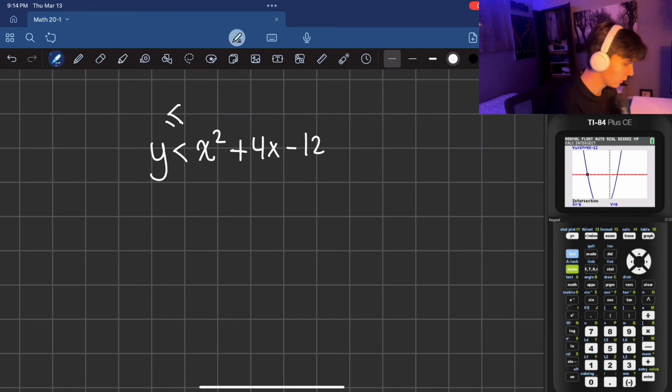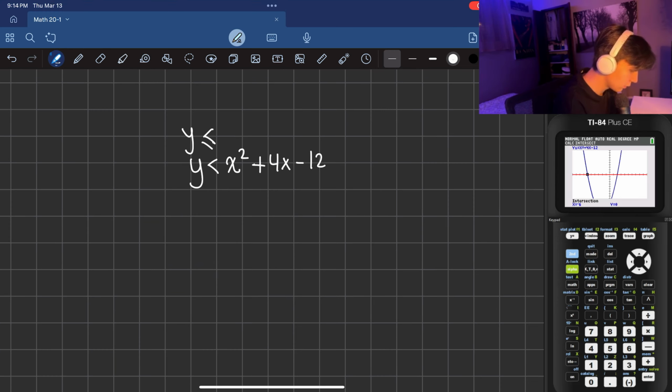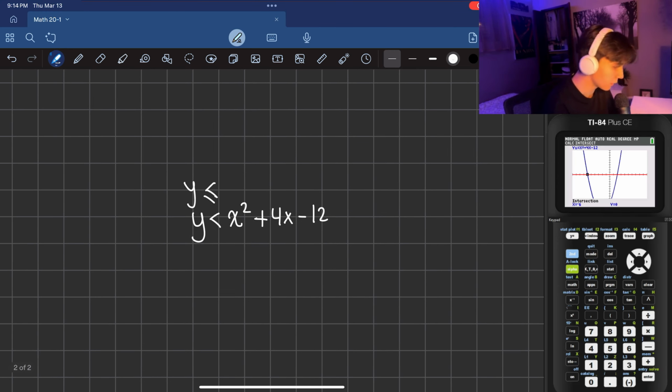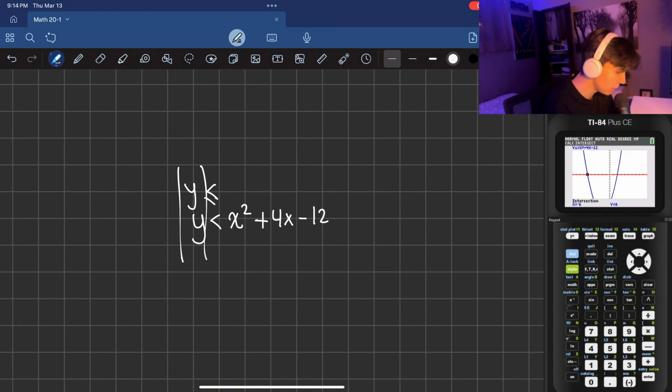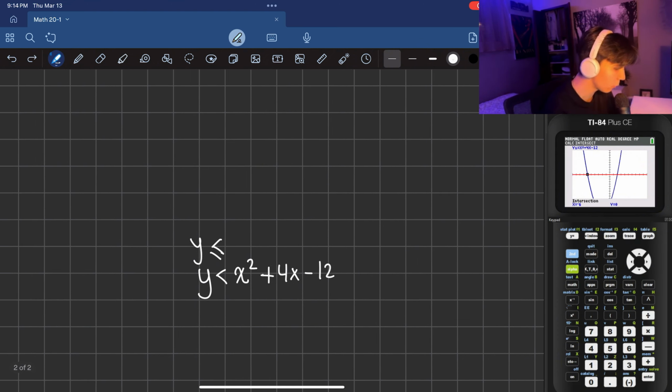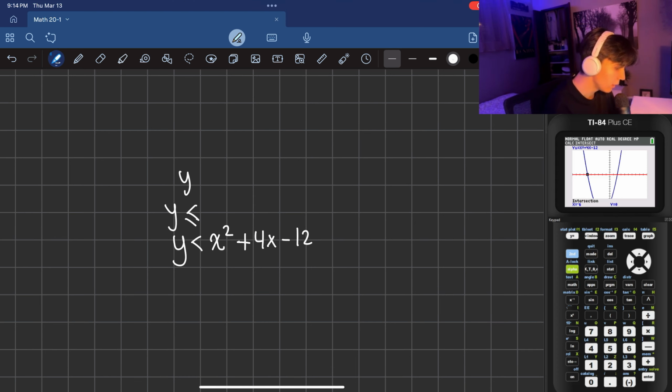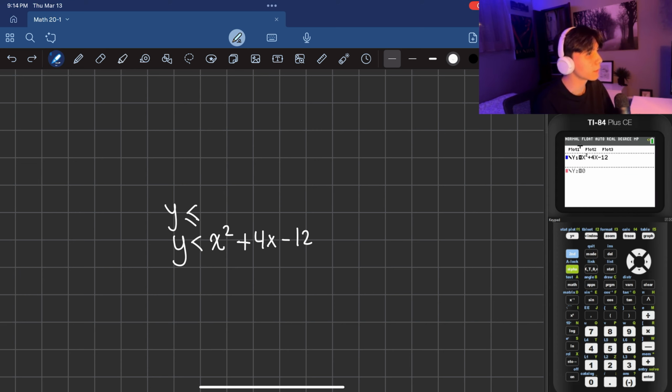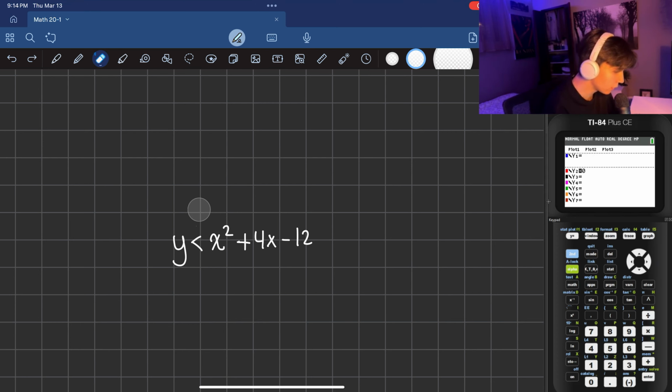So let's say you have y is less than or equal to. Your y has to be on the left side. Notice how when you're graphing on your calculator, your y is usually on the left side to actually plug it in. So our y is on the left side of our calculator, which is really nice to graph.